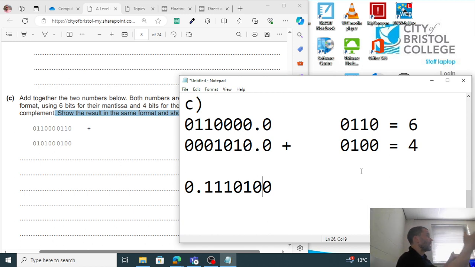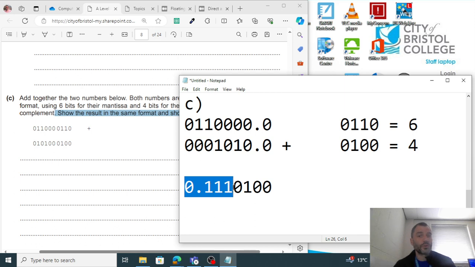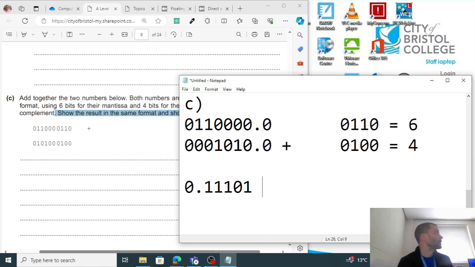So what would our exponent be? If I've shifted it 6 to the left, then what have we got to multiply by to get it back into its original form? By the way, we can only have 6 for the mantissa. So 1, 2, 3, 4, 5, 6. So we're going to delete those 2 zeros. So we're going to multiply it by, which in binary is 0, 1, 1, 0.